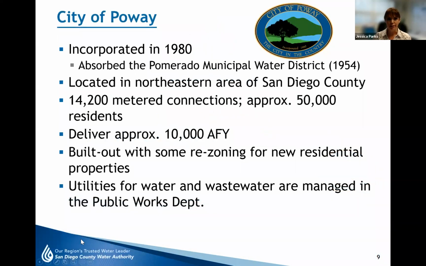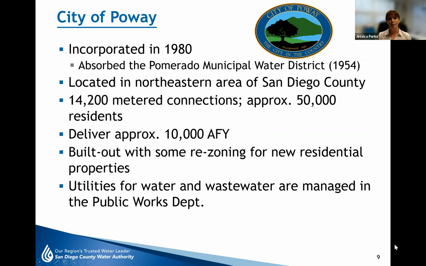Just a little history about the city of Poway. It was incorporated in 1980, but it absorbed the Pomerado Municipal Water District, which had been around since 1954. So the water system itself is not anywhere near new. We are located in the northeastern area of San Diego County. We have about 50,000 residents and 14,200 metered connections and deliver approximately 10,000 acre feet a year.